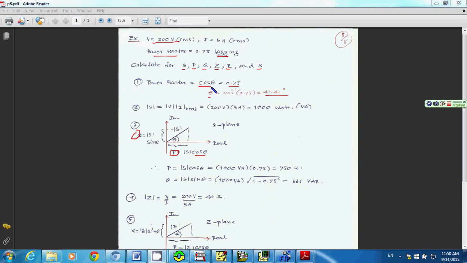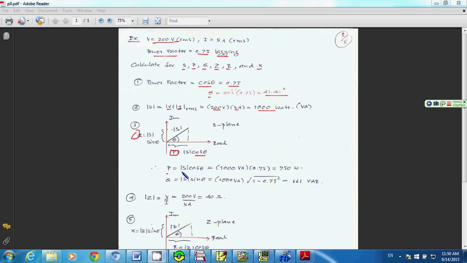We already know cosine theta because it's given, right? You can find the magnitude of S, you can find Q and P. Well, the magnitude of S simply equals the magnitude of V multiplied by the magnitude of I, which is equal to 200 volts multiplied by 5 amps. That gives you 1000 VA, right?